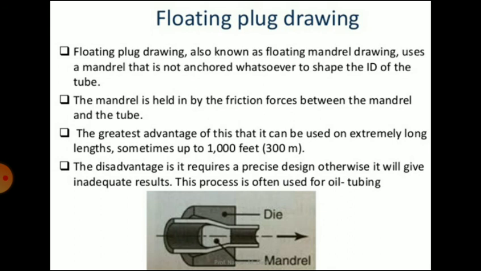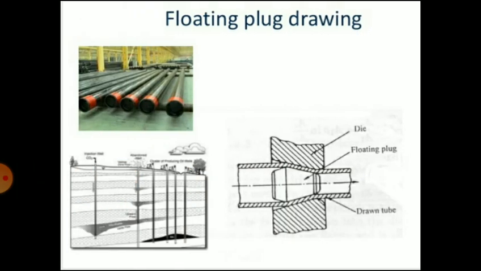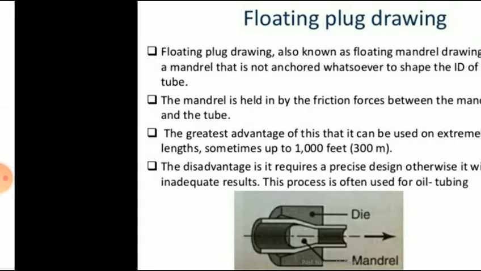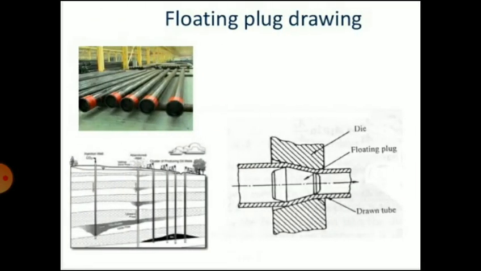The greatest advantage of this is that it can be used on extremely long lengths, sometimes up to 1000 feet. The disadvantage is it requires a precise design, otherwise it will give inadequate results. This process is often used for oil tubing. So this is a diagram for the floating plug, shown in a die, and it is not fixed.